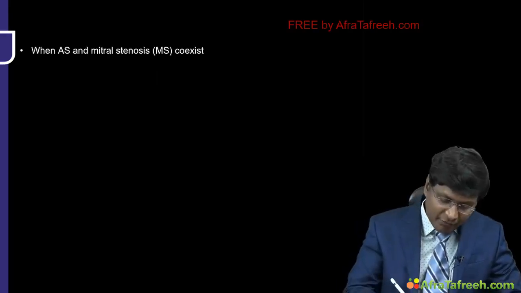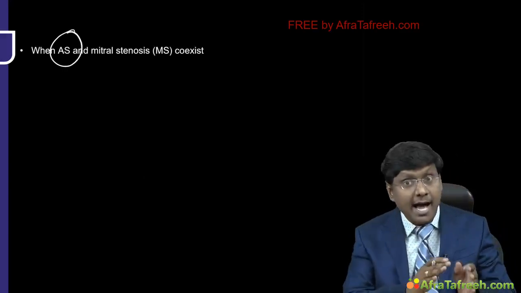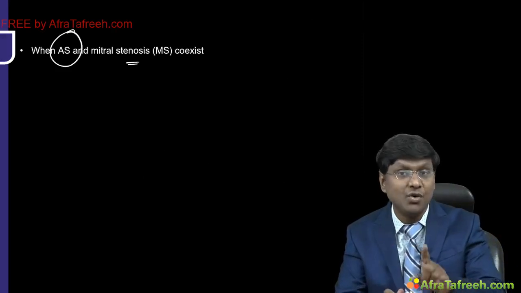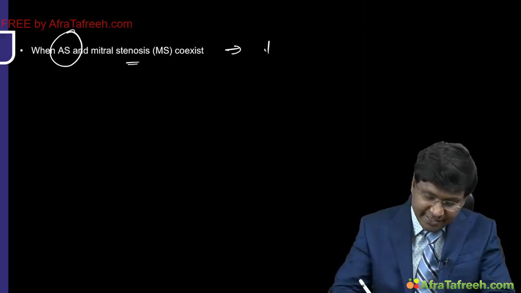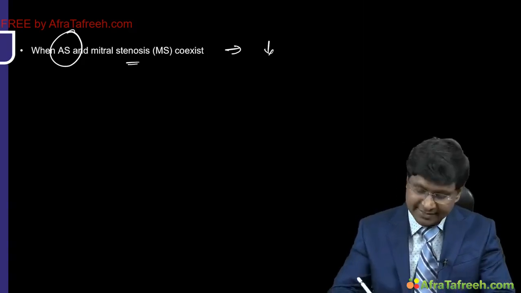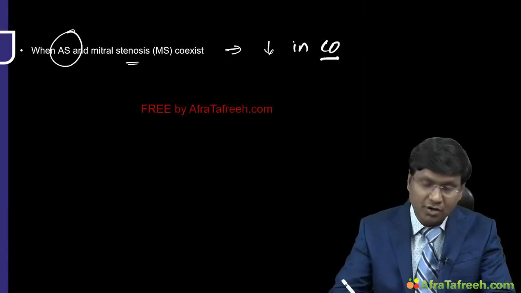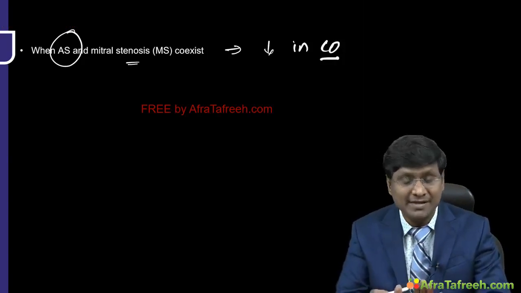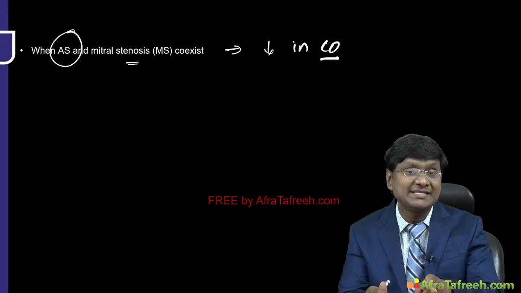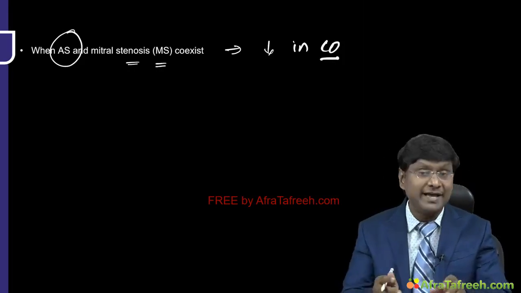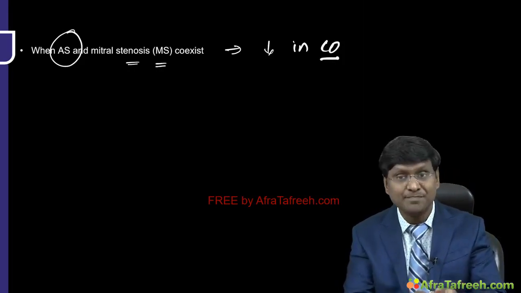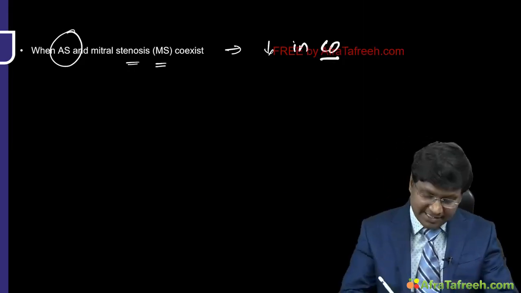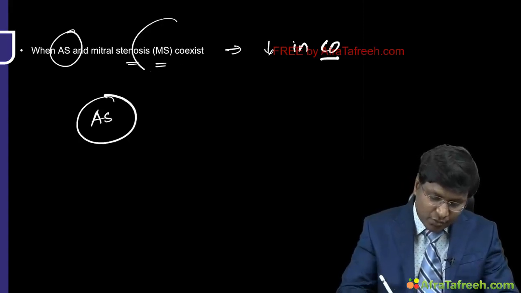And remember, whenever there is aortic stenosis, if mitral stenosis also coexists, what happens? There will be a reduction in the flow, a reduction in the cardiac output even in the early stages of the aortic stenosis itself. Because of this decrease in cardiac output caused by the mitral stenosis, many of the changes that you come across in isolated aortic stenosis will not be there.